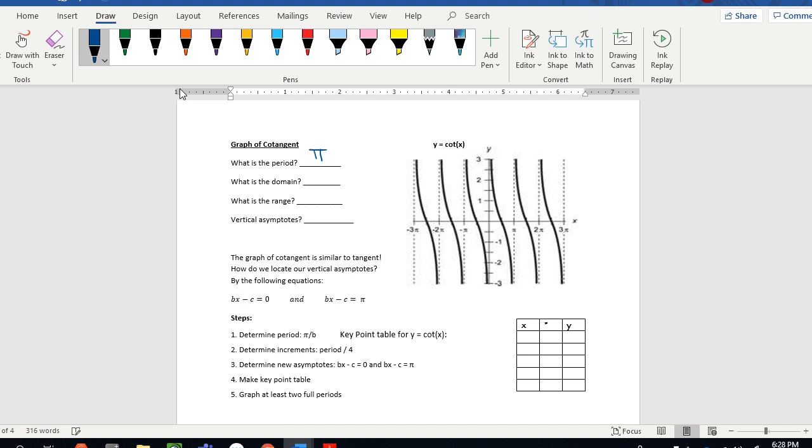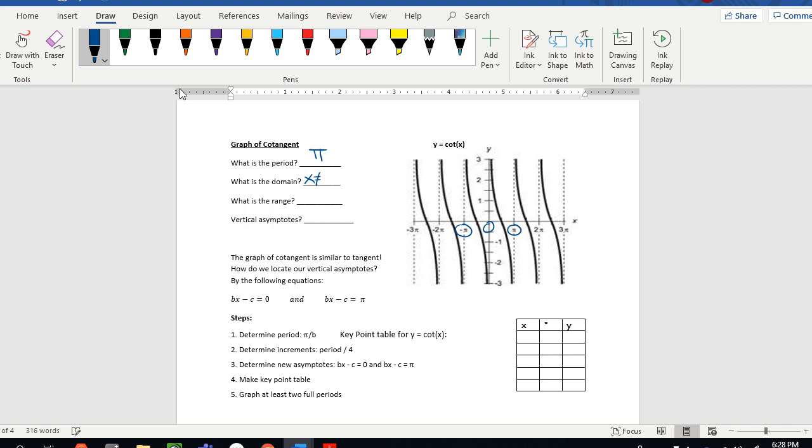What's the domain? Okay, in this one, x cannot be, careful, look at where this is happening: at pi, at 0, at pi. So this one isn't negative pi over 2 to positive pi over 2. It's between pi and 0.